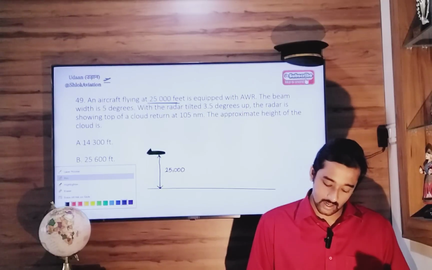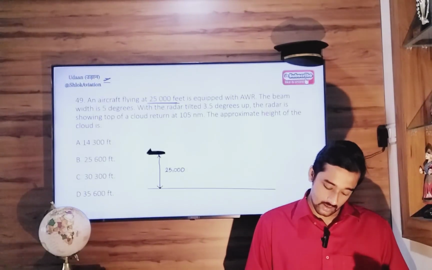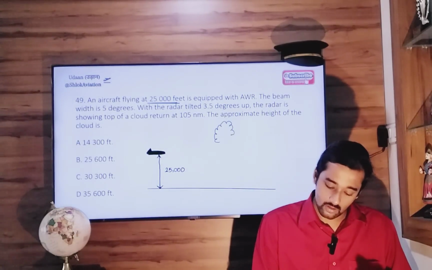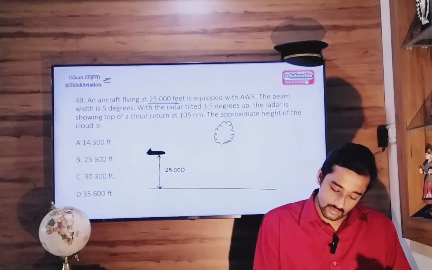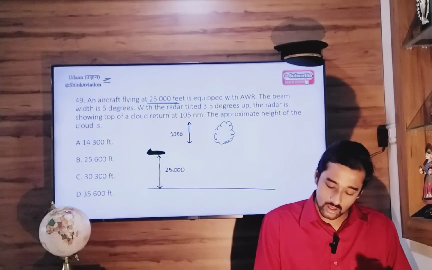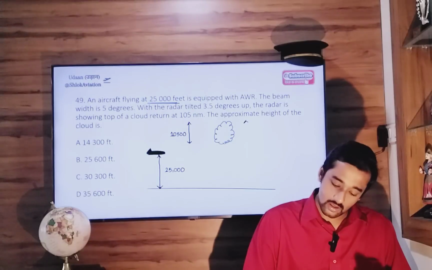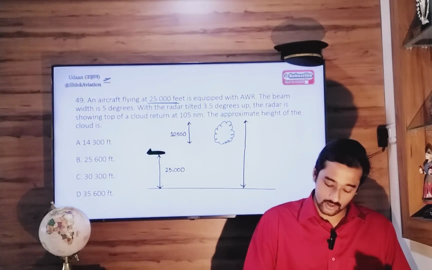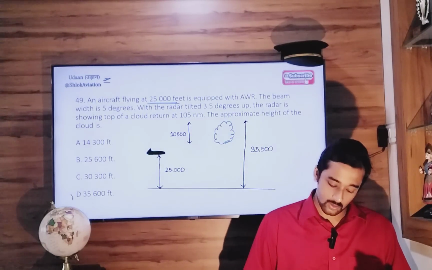There is a cloud layer which is 10,500 feet above you. So the total height of the cloud will be 10,500 plus 25,000, which is 35,500. Correct option is option Delta.